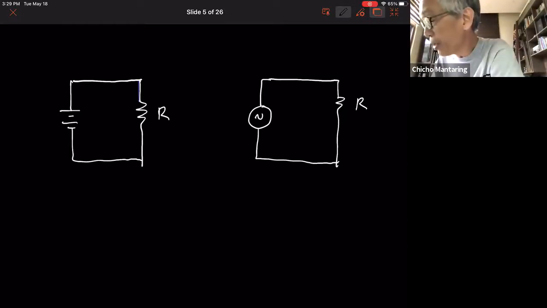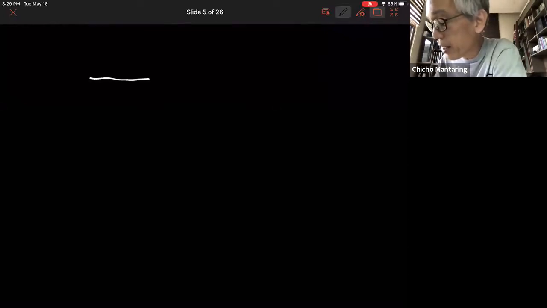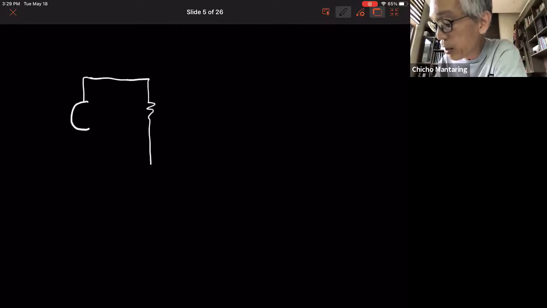No, let me not choose a source. Current source dito. Current source. Sorry. Ulit, so let's say I have a resistor here, R. Here I connect this to a current source, a DC current source.